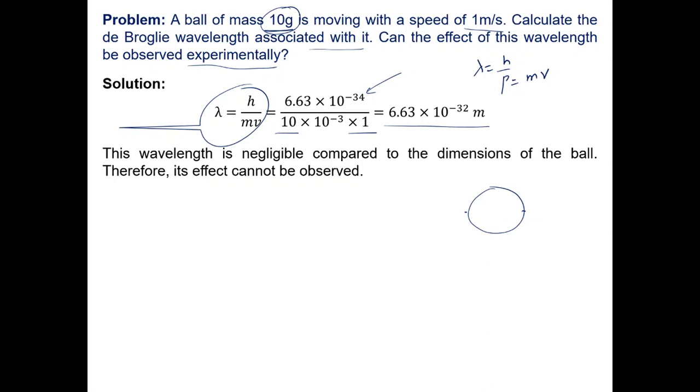You can't experimentally notice it. So even if you calculate the probability density or probability of finding this particle, it will be the same as what you actually see with bare eyes, which is the classical world, or the estimations from classical physics.